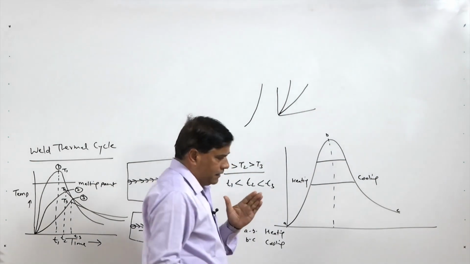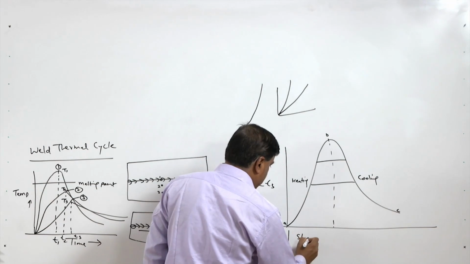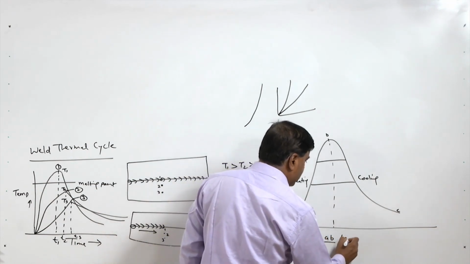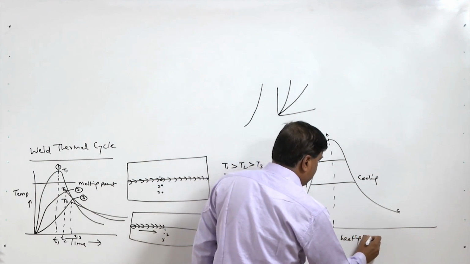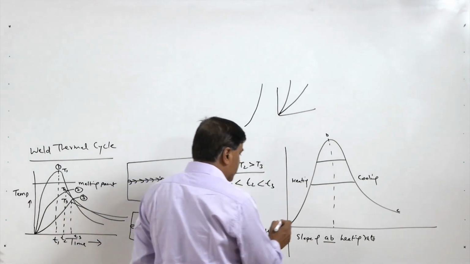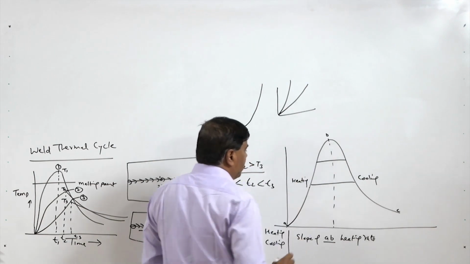So the slope of the AB line indicates the heating rate, because it shows how much time it will take to reach a particular temperature, say from room temperature to the peak temperature.